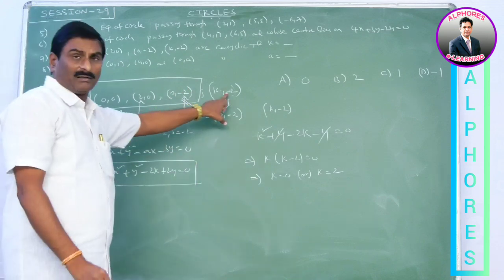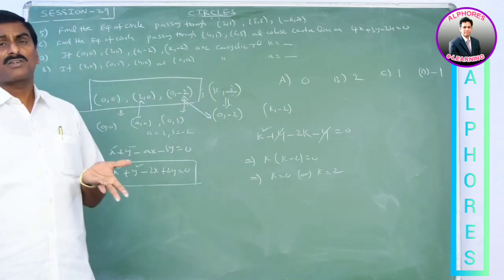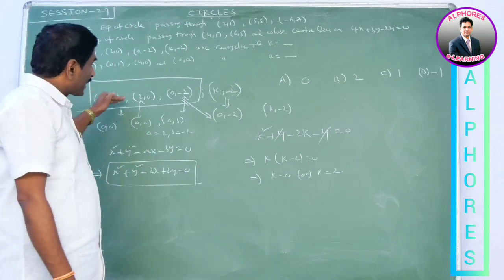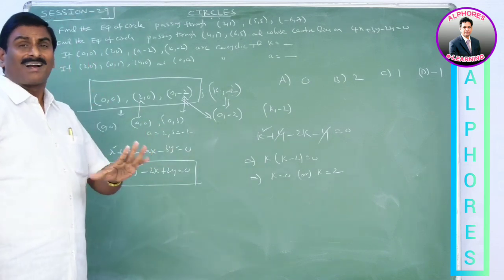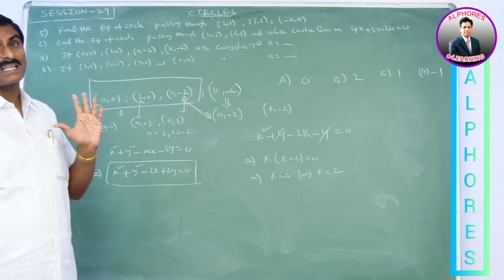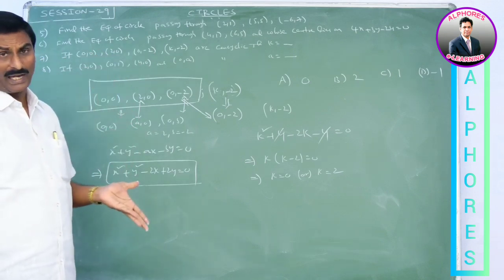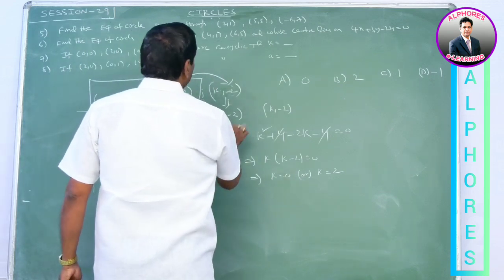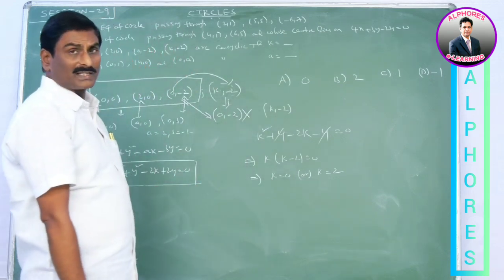For getting the equation of the circle, we require 3 points. In the given, the points are only 3. Concyclic is meaningless in this case. So k is equal to 0 is meaningless.